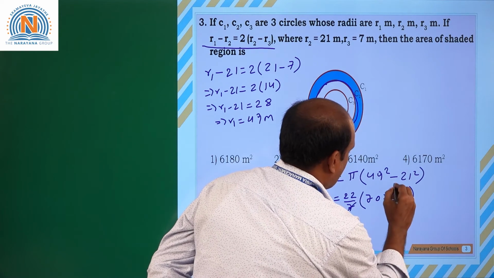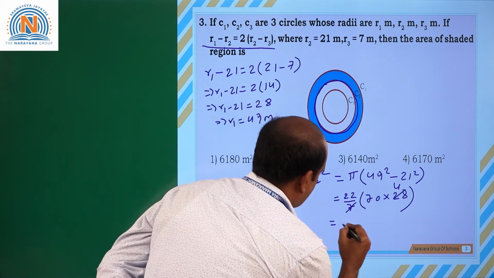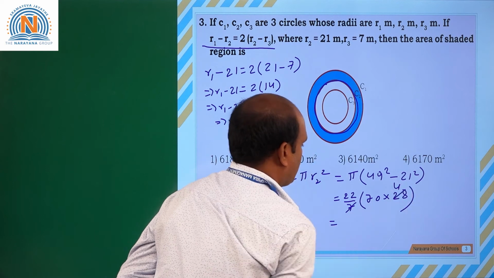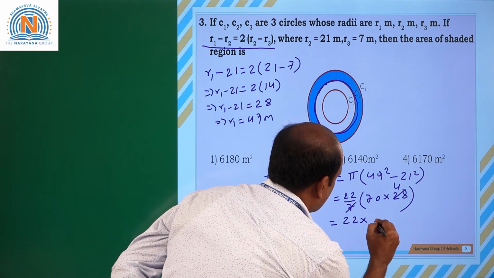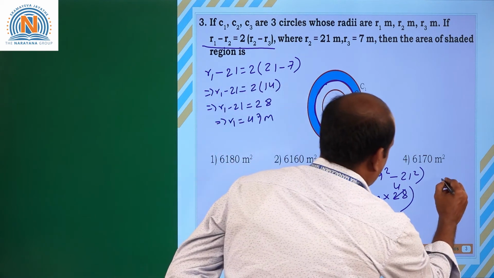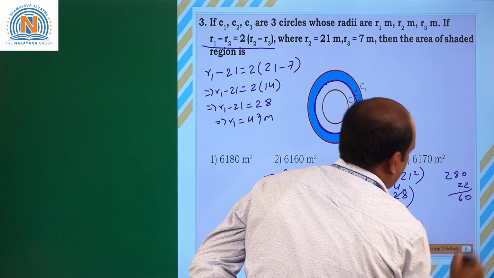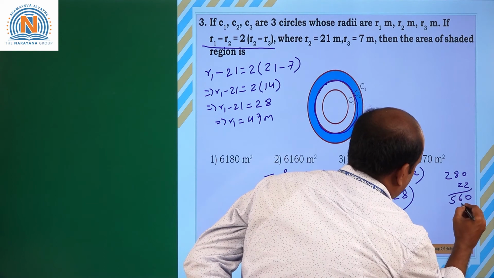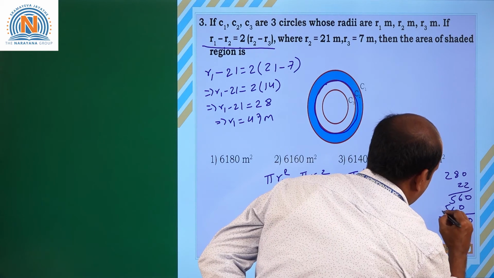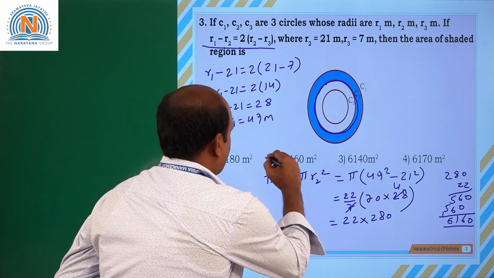So 4 sevens are 28, that is equal to 22 into 70 into 4, 22 into 280, right? 280 into 22, if you multiply, that is equal to 6160 meter square.